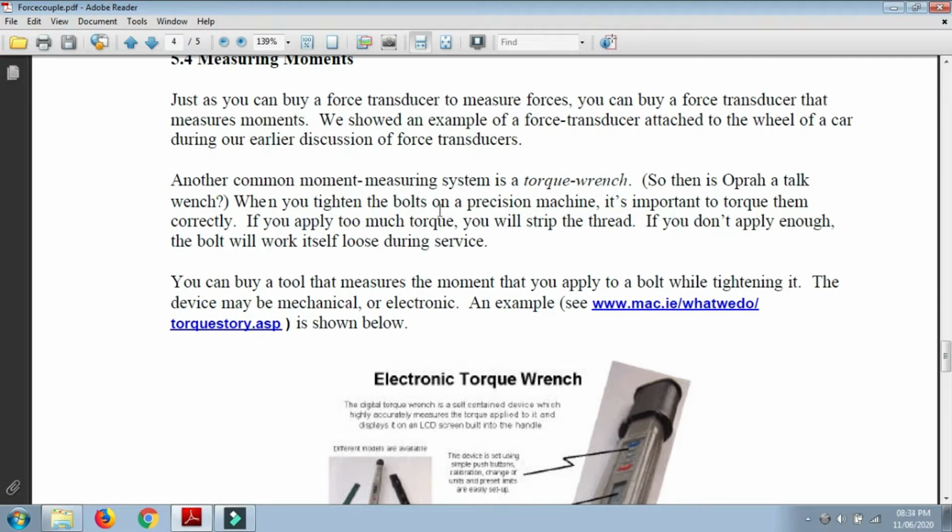When you tighten a bolt on a precise machine, it is important to torque it correctly. For example, if it is very hi-fi equipment where human life is involved, then you do not tighten your bolts or nuts by means of very simple or crude devices, but you need this device, the torque wrench, because human life is involved and it will give you the exact torque of those bolts.